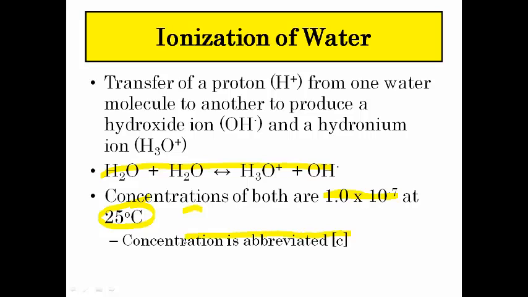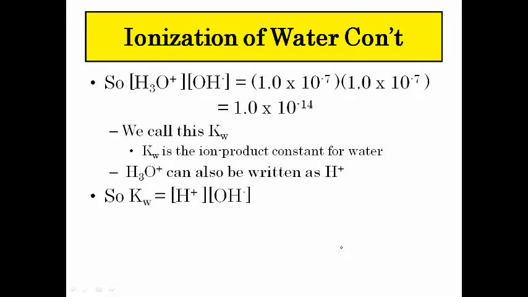And so these concentrations are abbreviated. We abbreviate concentration with brackets. And so the concentration of the hydronium ion and the concentration of the OH ion, which I'm showing right up here, if we take those two and multiply them together for water, is 1 times 10 to the negative 14th, and that's really helpful.